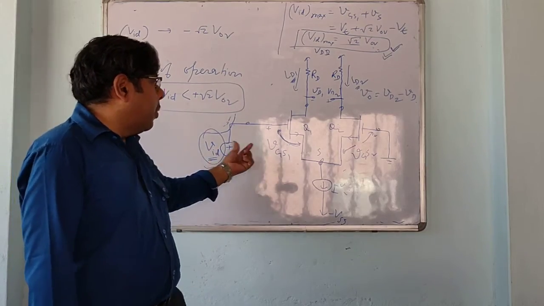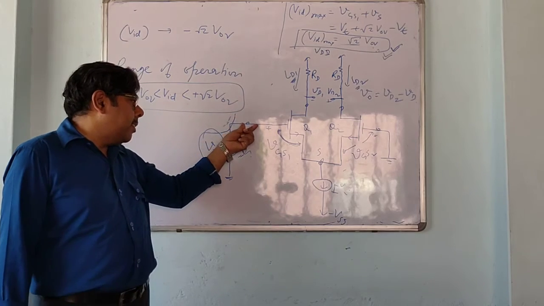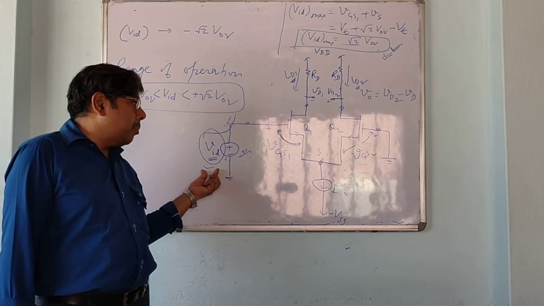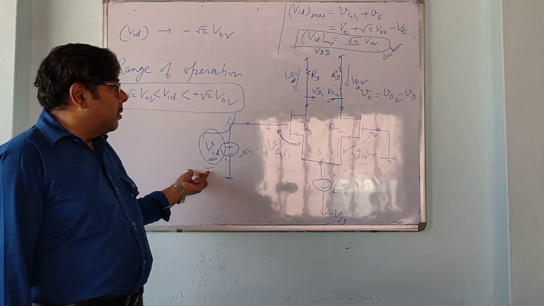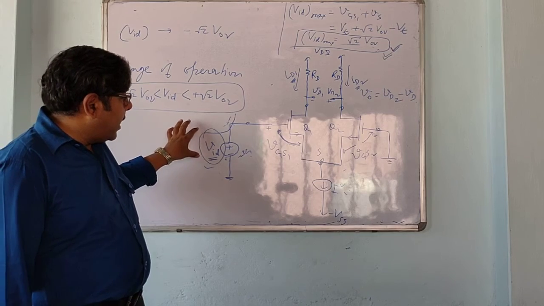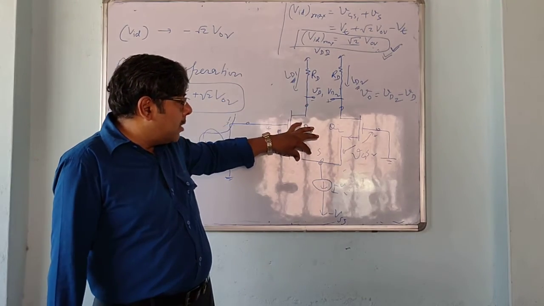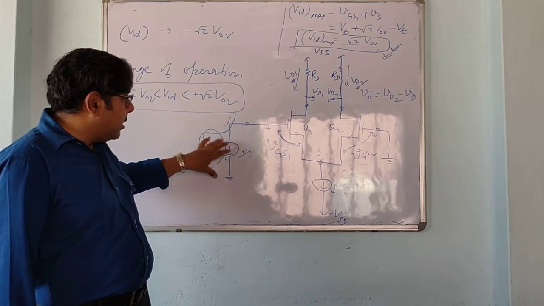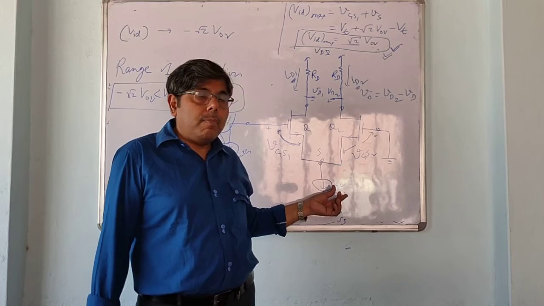One terminal is grounded, at another terminal we apply a differential input. So in this way we have a differential input, and as this VID increases in one direction, current through this increases, and when VID increases in the opposite direction, then current through this increases.